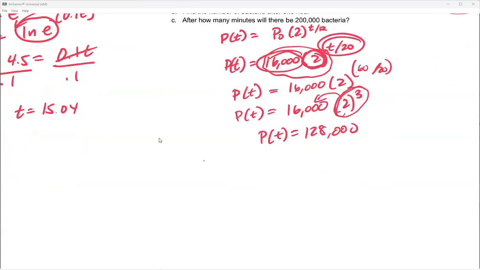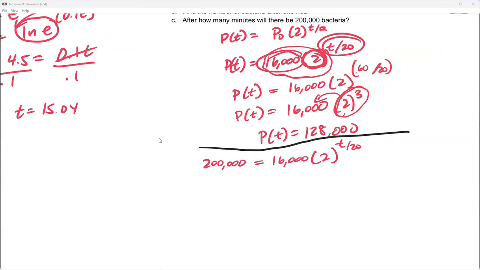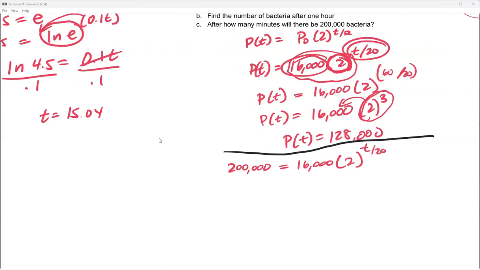Now let's go backwards. We want to see how many minutes it will take to get to 200,000. So this is where we use logs. The first step is don't multiply the 16 into 2.